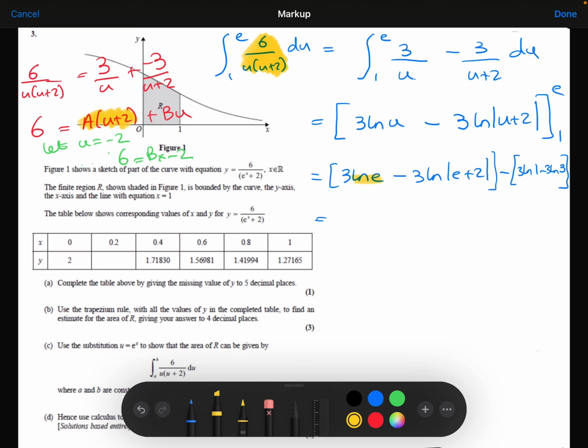Ln e is just 1, so multiplied by the 3 is 3, minus 3 ln e plus 2, there's not much I can do with that, minus, right, in this second bracket, ln 1 is just 0, so that's going to disappear, and I'll just get the minus 3 ln 3.